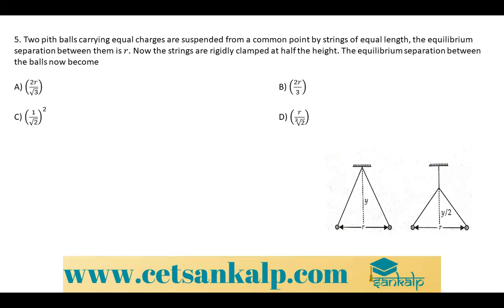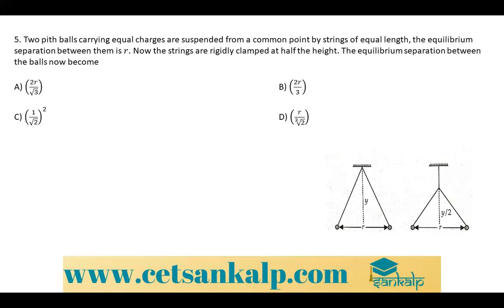The equilibrium separation between them is R. Now the strings are rigidly clamped at half the height. Initially it was at the full height, now it becomes half the height. What does the equilibrium separation between the balls now become?